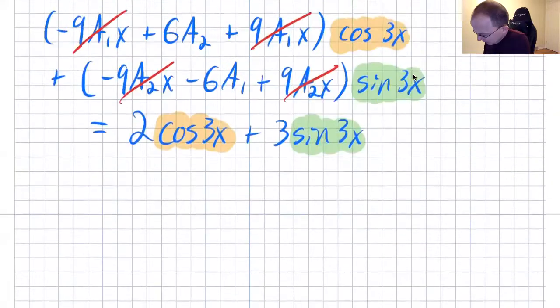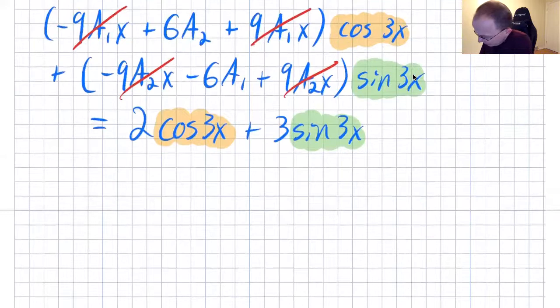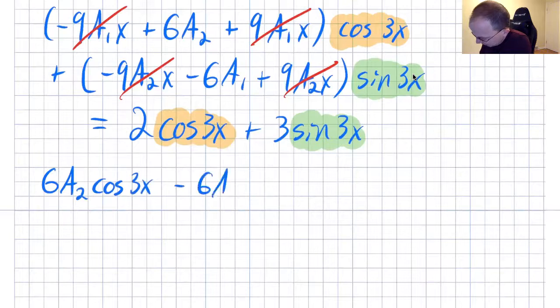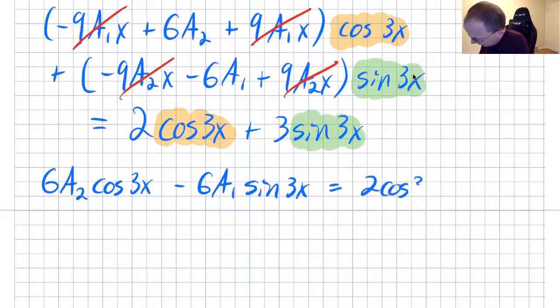Okay. So what do we get? I think maybe there might be room to fit this in here. So on the left-hand side, I get 6a2 cosine 3x minus 6a1 sine 3x. And on the right, I get 2 cosine 3x plus 3 sine 3x.